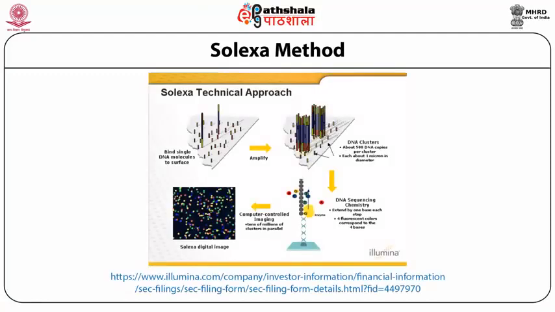Here we can see that on the base plate, the clonal DNA clusters are arranged, and the single nucleotide which binds to the complementary nucleotide will emit light, and that light is captured with the camera. That is the basic principle of the Solexa method.